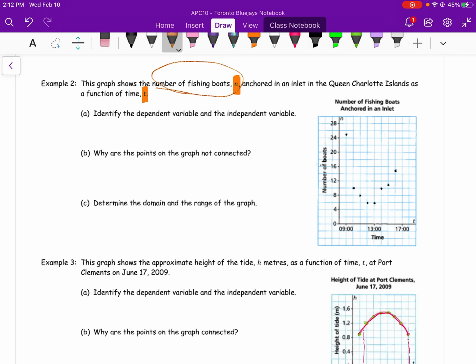Does the number of boats on the water depend upon the time? Or does the time depend on the number of boats? So the number of boats depends on the time. So the number of boats, N, is going to be my dependent. My time is going to be my independent.